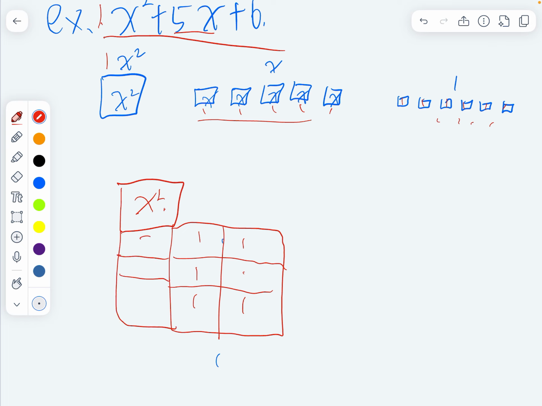We put 3x below and 2x above. Now we are finished.